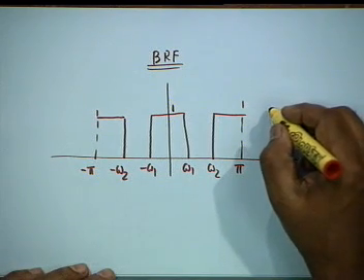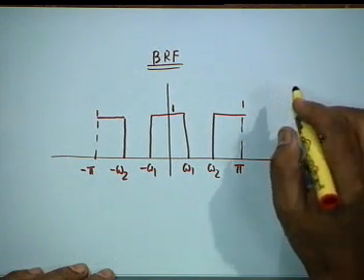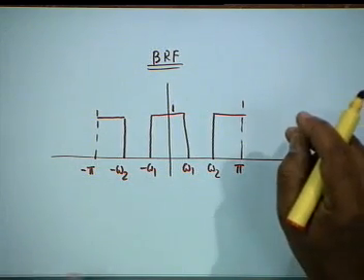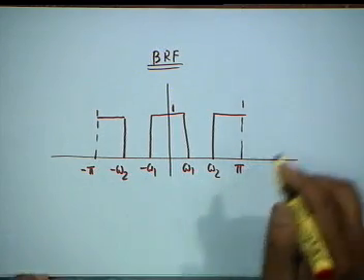But you assume that the transfer function is e to the power minus j omega tau. Magnitude is 1, but you assume a linear phase.